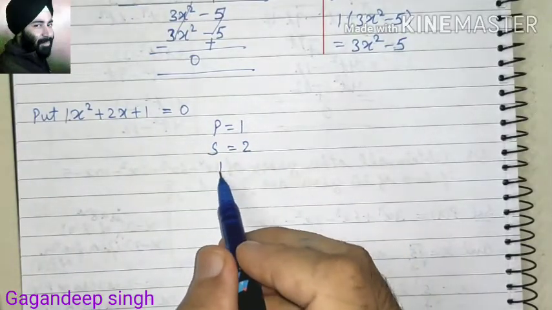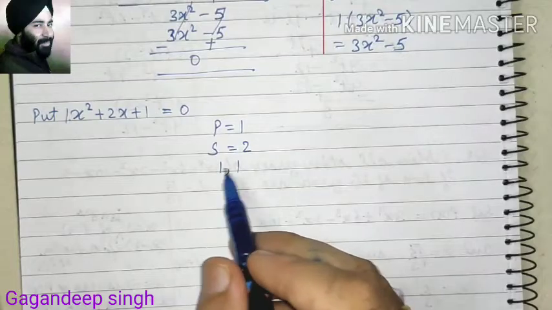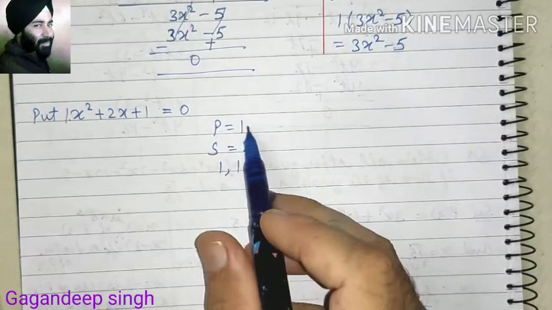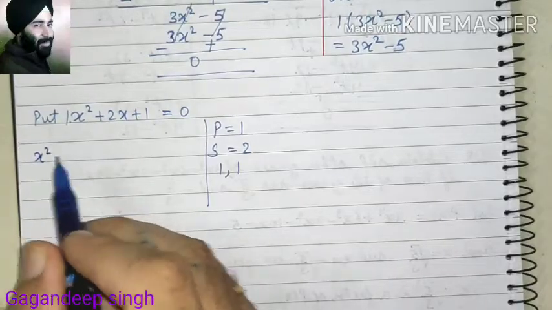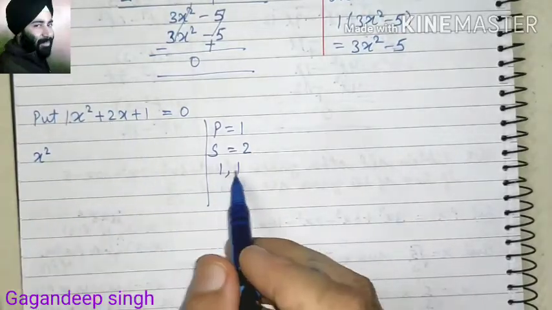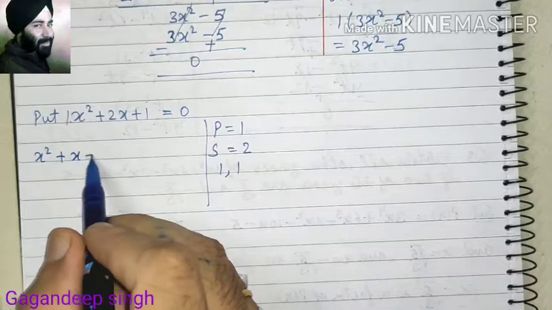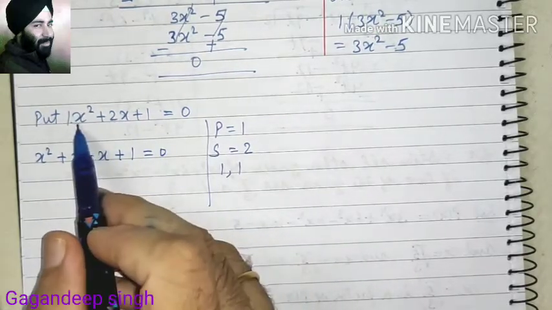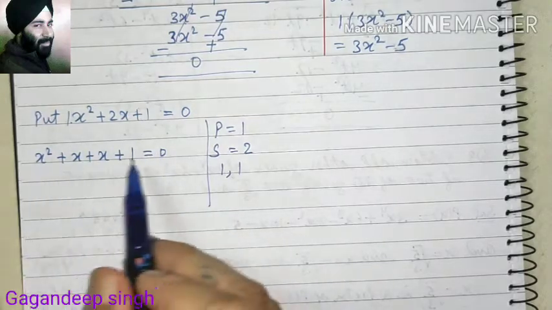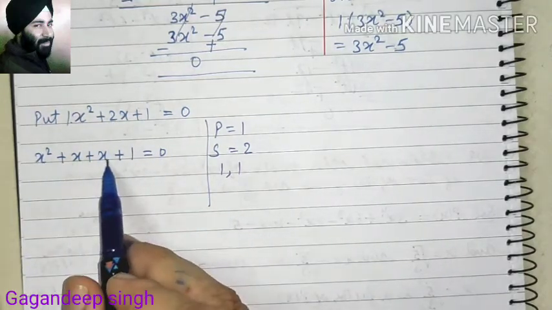So two numbers are 1 and 1. Their sum will be 2 and their product will be 1. So by splitting of middle term, this 2x can be written as 1x plus 1x and last one as it is. First term and last term as it is, and the middle term we can write x plus x.